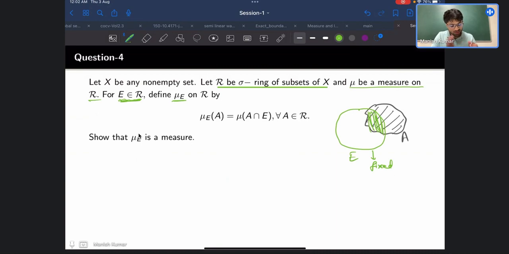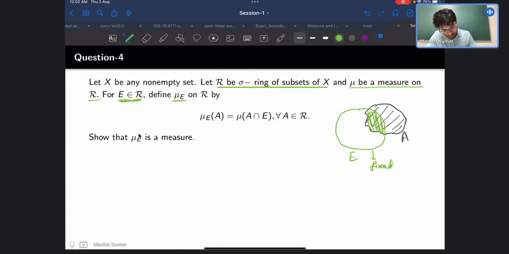This measure is taking that part of the set which is intersecting with E. It is just measuring the part of A which is intersecting with E. This is the main function of what mu E is doing to A.